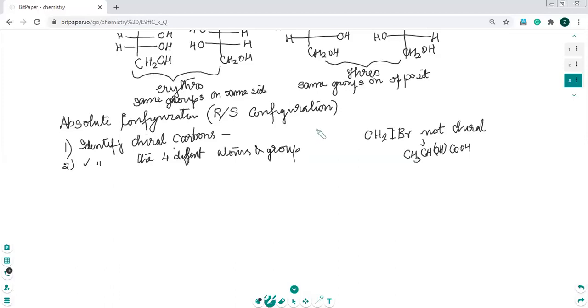Let me put here in this molecule: we have hydrogen, we have OH, we have COOH, and CH3. So we have identified 4 groups.